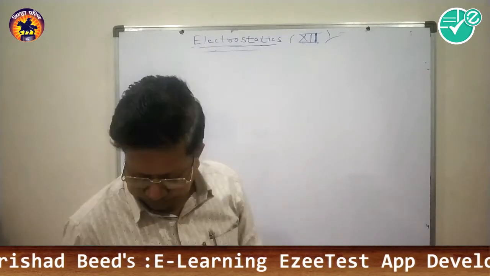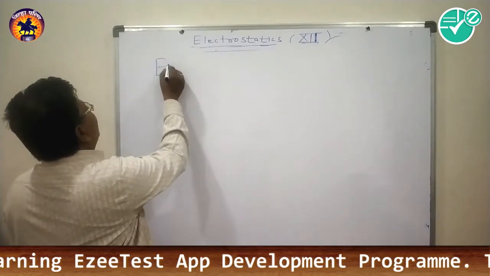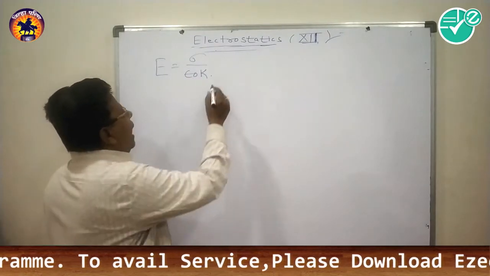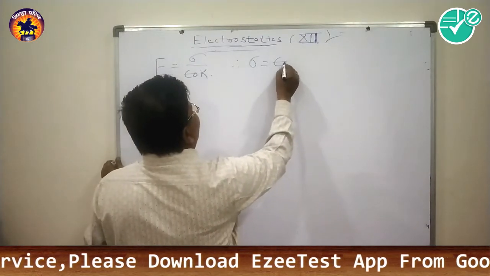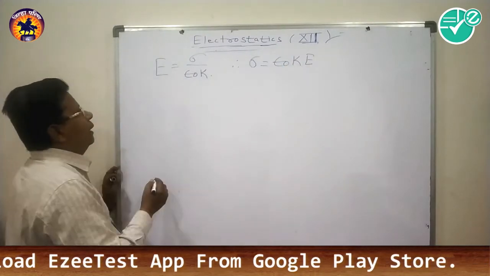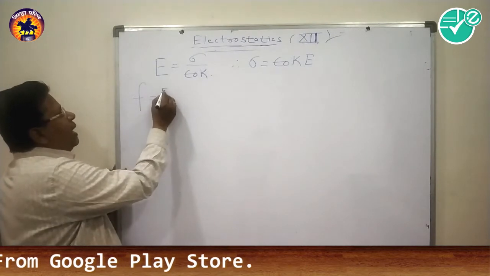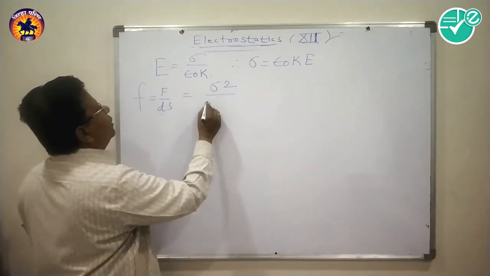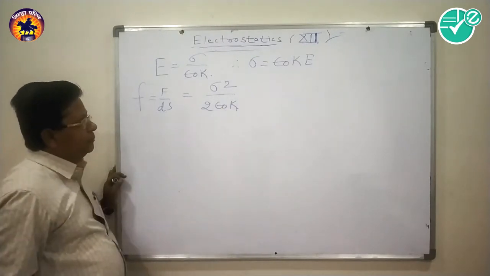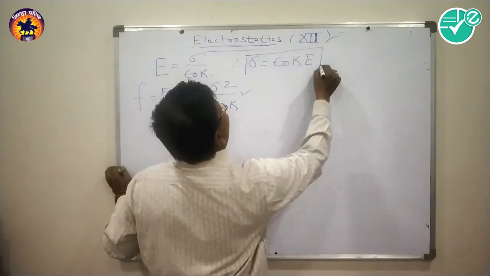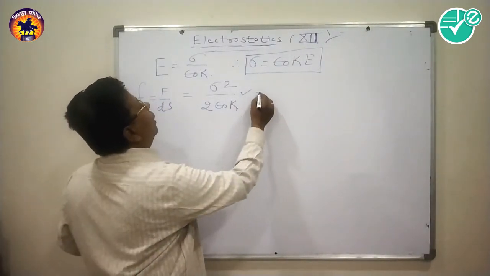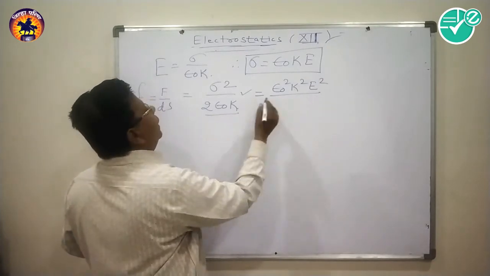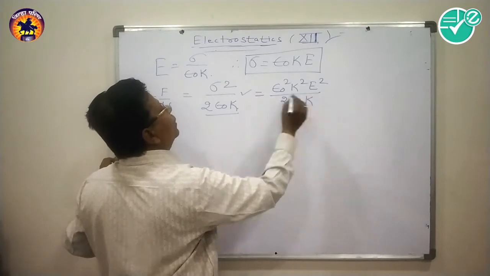So we know that the electric field intensity E is equal to sigma divided by epsilon 0 K, and therefore this sigma is equal to epsilon 0 K into E. As the mechanical force per unit area is given by the formula small f is equal to sigma square divided by 2 epsilon 0 K, now in this expression substitute the value of sigma, we get small f is equal to epsilon 0 square K square E square divided by, denominator as usual, 2 epsilon 0 K.